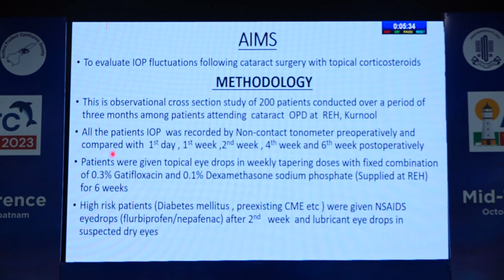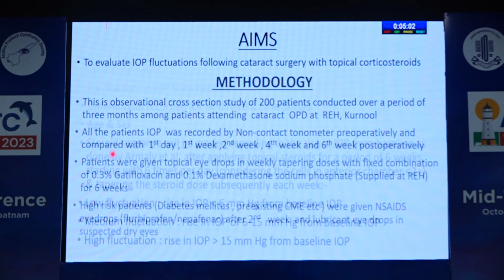Patients were given topical eye drops in weekly tapering doses with a fixed combination, that is gatifloxacin and dexamethasone sodium phosphate, 0.1% dexamethasone, which is given to our patients free at REH. For high-risk patients like patients with diabetes mellitus and other complications, we have included NSAIDs, and for patients with dry eyes, we have added lubricants, and these NSAIDs were started at the end of second week post-operatively.